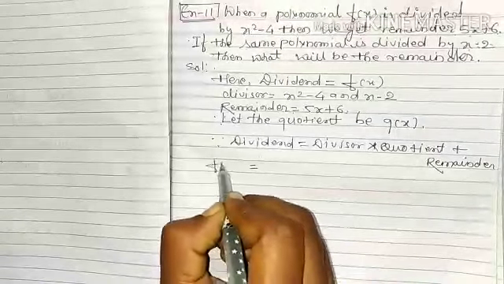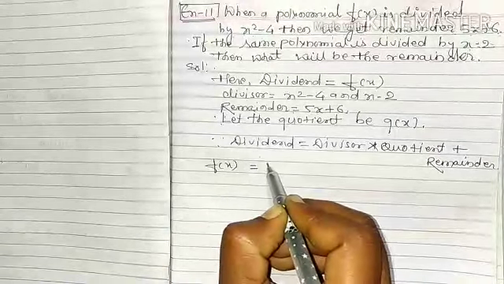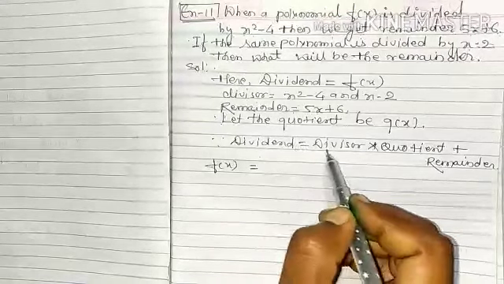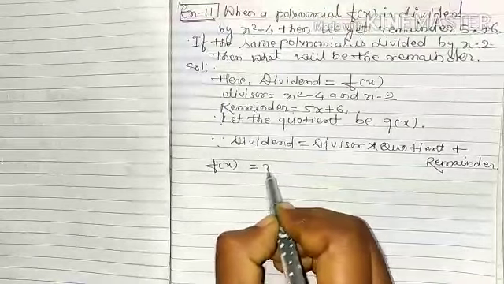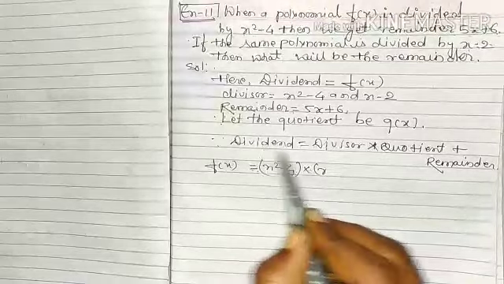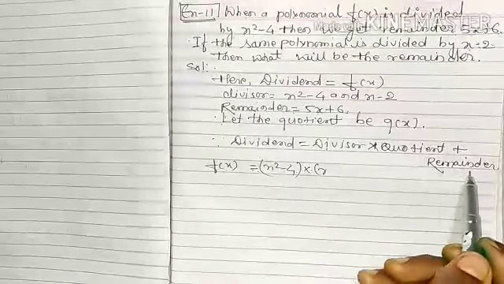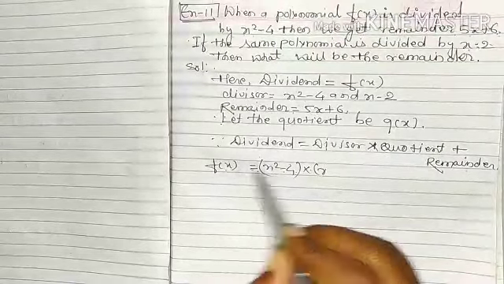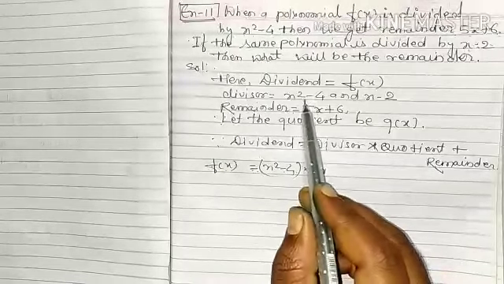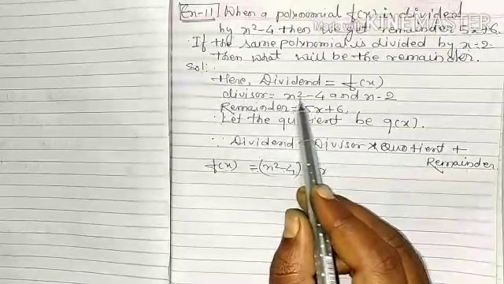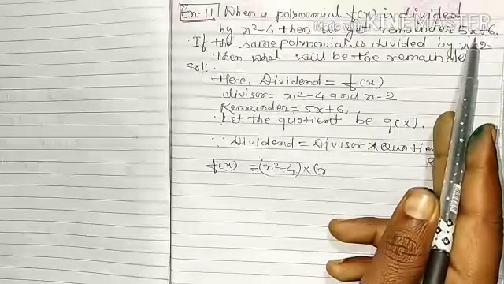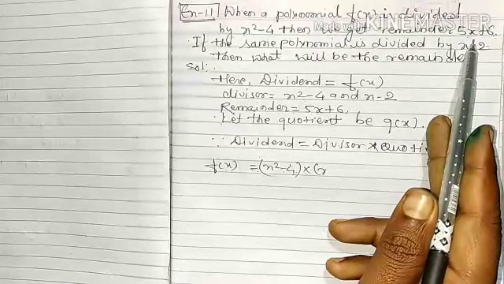Dividend equal to f(x). We take the first divisor x square minus 4, since dividend equal to divisor into quotient plus remainder. When we divide by x square minus 4 we get remainder 5x plus 6.